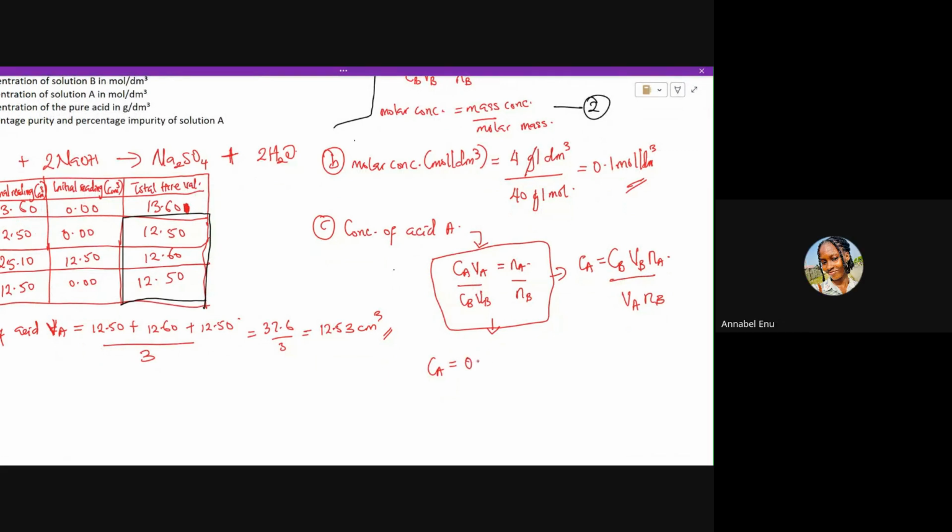Very good. 0.1 times what is our volume of base? VB. Yeah, 25 centimeter cube. Very good. 25. Now, what is the number of mole of acid?